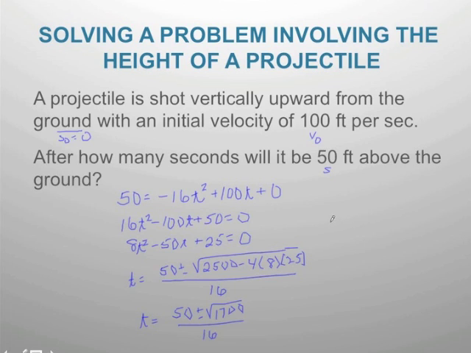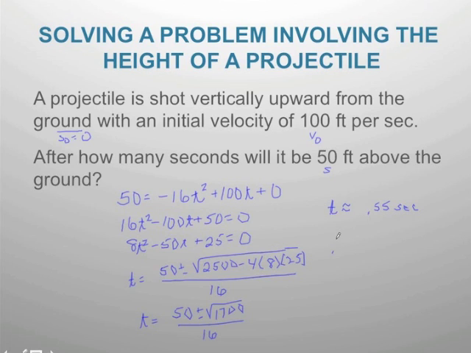Since I really don't want an answer in radical form, I'm going to grab my calculator and find out that t is approximately 55 hundredths of a second, and that's with the subtracting.